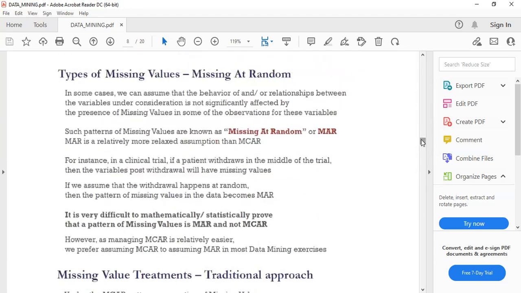Now look at this part. Types of missing, that is MAR, what I have told, missing at random. Just go through.